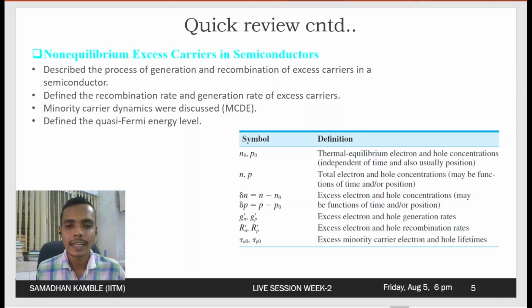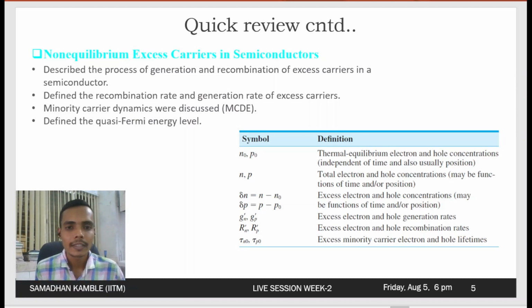So the excess carriers produced because of the external excitation actually dominate the electrical properties of a semiconductor. The behavior of excess carriers in this respect is quite fundamental to the operation of semiconductor devices. So that's why this is quite an important point.